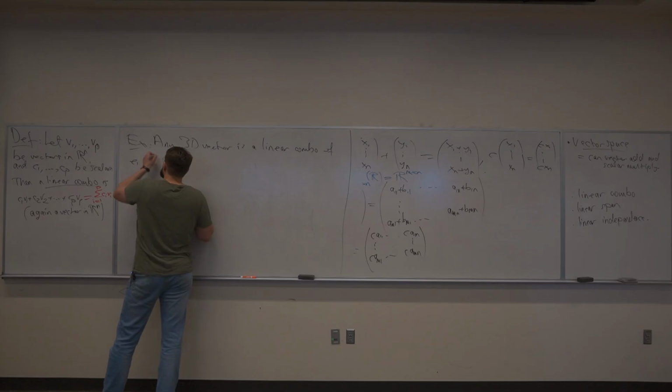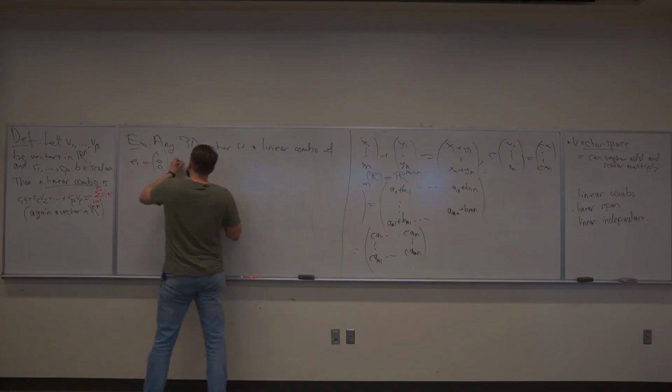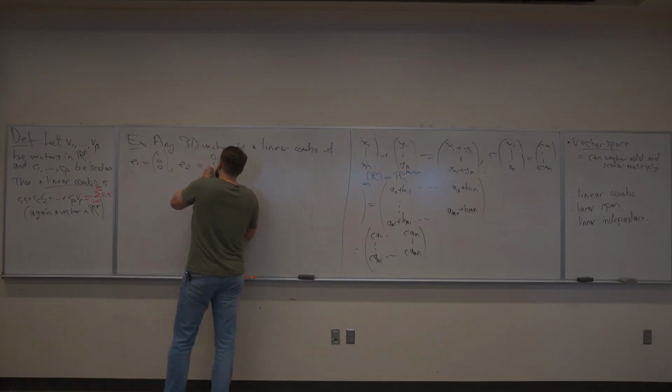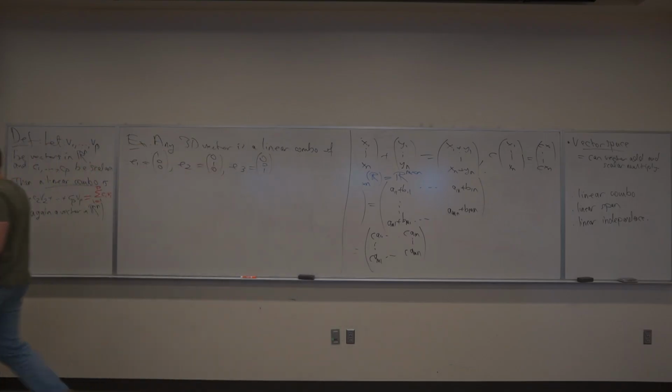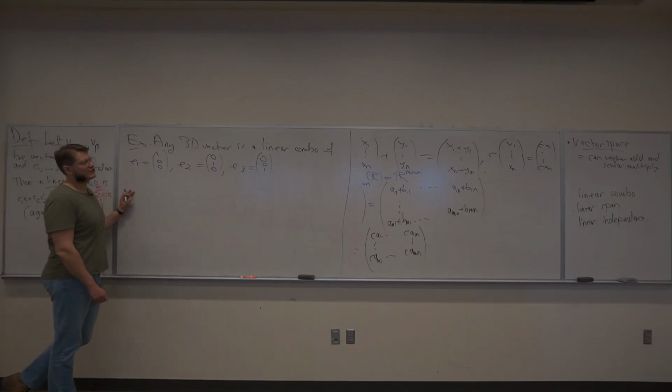E1 I'm going to denote by 1, 0, 0. E2 to be 0, 1, 0. E3 to be 0, 0, 1. Why is that? Well, let's just take some three-dimensional vector, x, y, z.